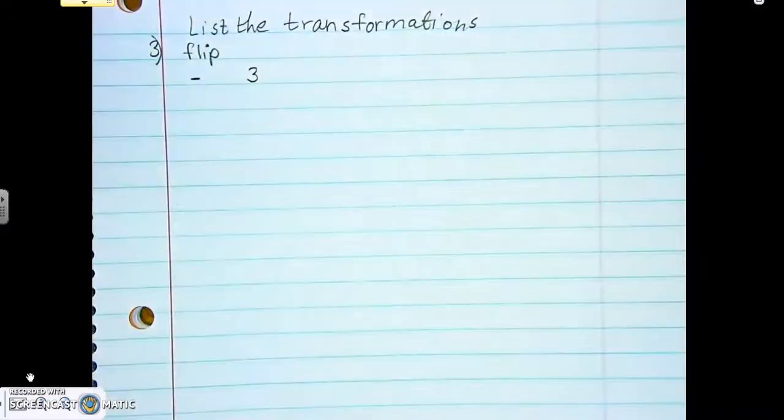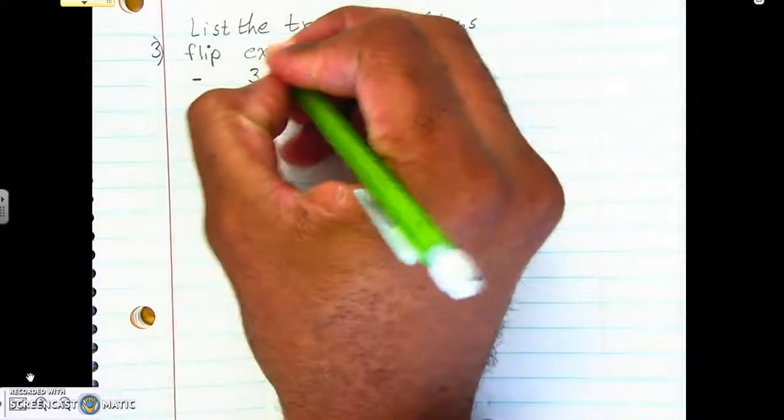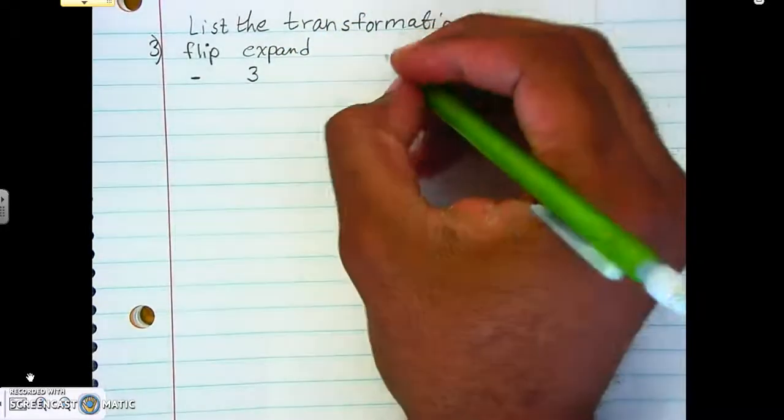When it comes to log, if the number in front is greater than 1, it expands. If it's between 0 and 1, it shrinks. That's the only one that does something different than all the other functions we've been dealing with. So this one should expand because it's greater than 1. Remember, that only works for logs, only.